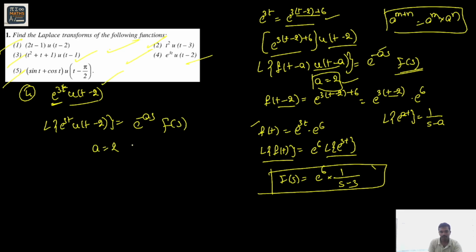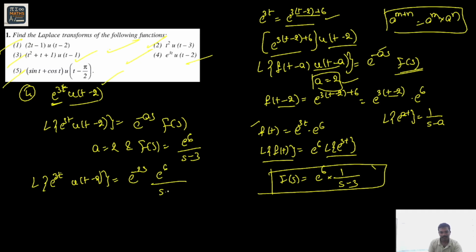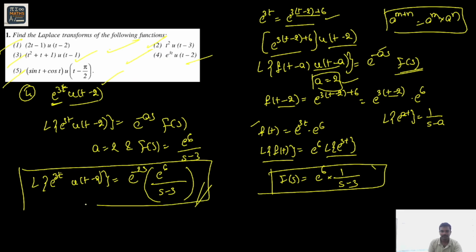A is equal to 2 and f of s is equal to e power 6 by (s minus 3). Then Laplace of e power 3t into u of (t minus 2) is equal to e power minus 2s into e power 6 by (s minus 3). This is the Laplace for the given function. This is how we can find the Laplace.